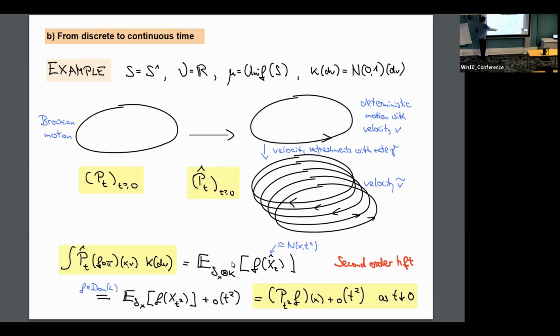So that means this integral of this lifted semigroup applied to this function depending only on x will be the semigroup of Brownian motion, but now evaluated at time t squared, plus a perturbation term of order little o of t squared. Okay, so that means we do not have the same kind of lifting property as before, but now we have to relate P_t hat to P_{t squared}. So there's something replacing the time t by the time t squared, which corresponds to the fact that Brownian motion for small time wiggles around in a different way than your deterministic process.